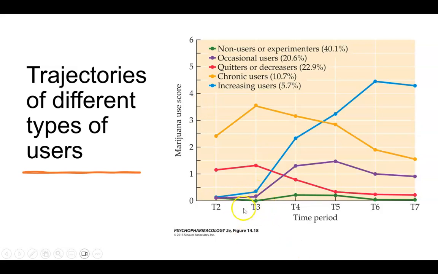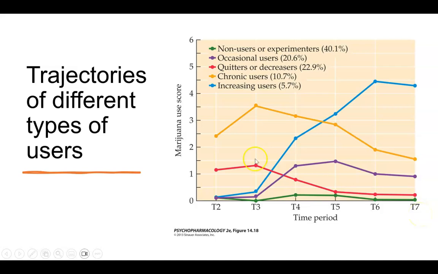By time 3, most of them were about 16. By time 4, most of them were about 22. By time 5, most of them were about 27. By time 6, most of them were about 32, and time 7 is about 36.